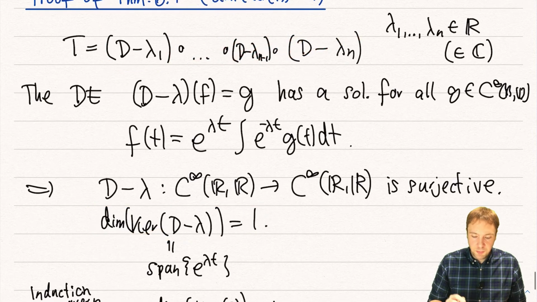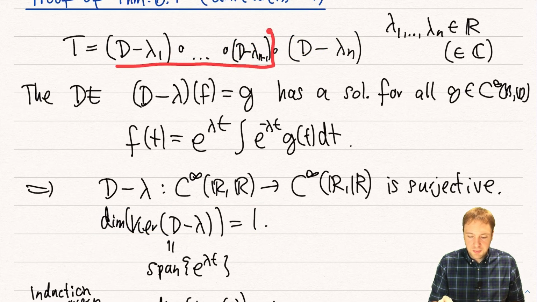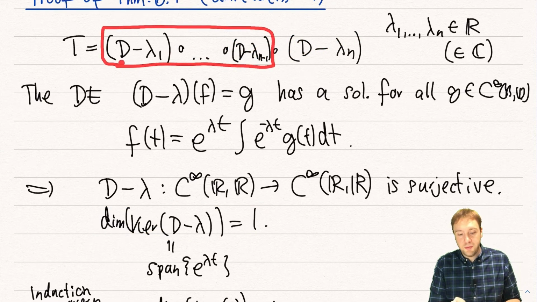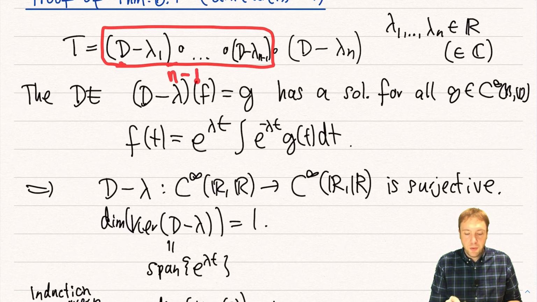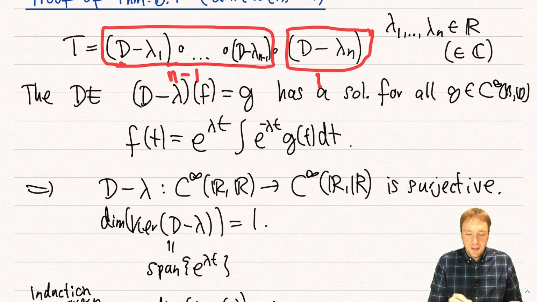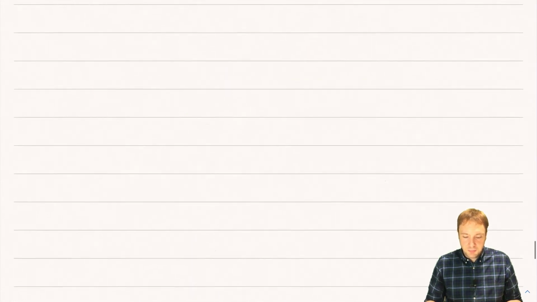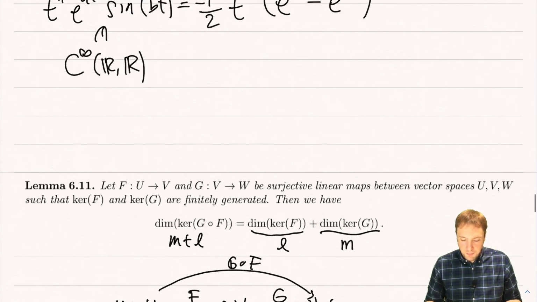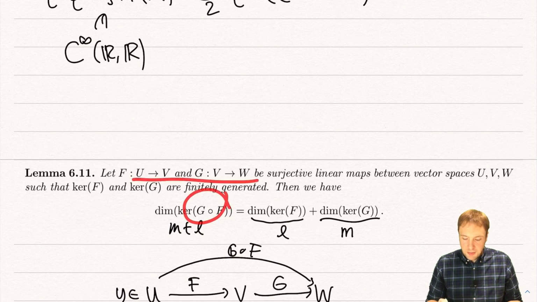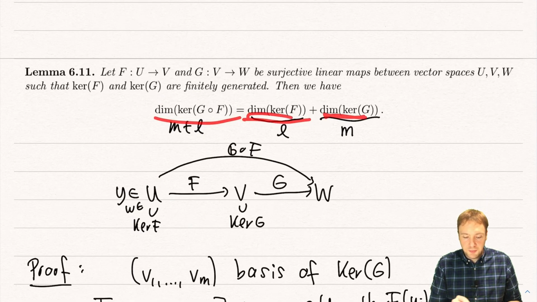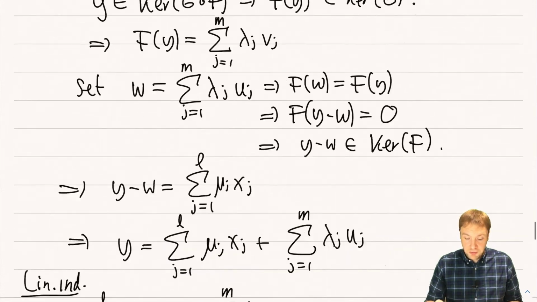Now, by induction, we assume that this statement already holds for this differential operator, meaning that the dimension of this kernel is n minus 1. And then by the lemma before, we see here the dimension of the kernel is 1. If I have the concatenation of two functions, like here, then the dimension of the kernel is given by the sum of these kernels when these maps are surjective.